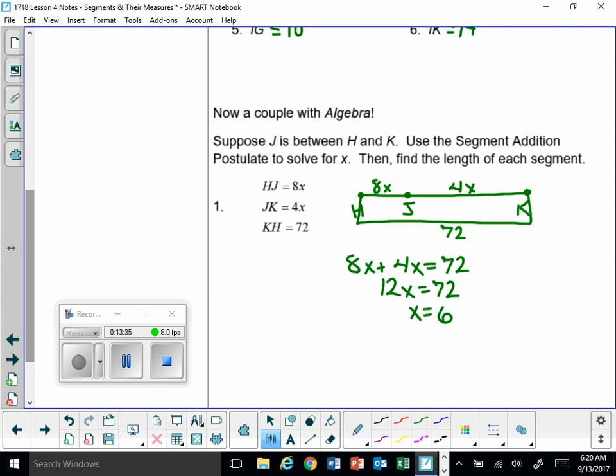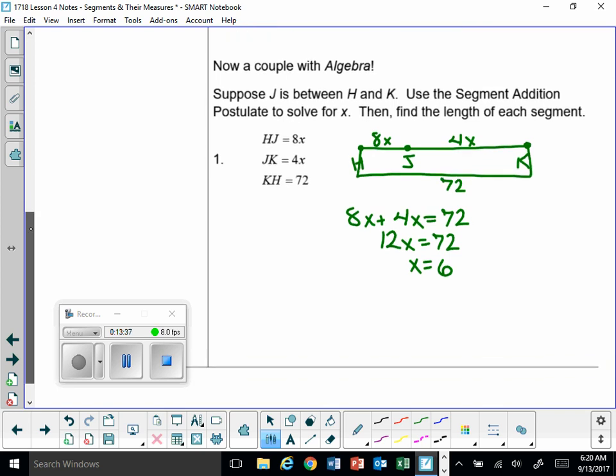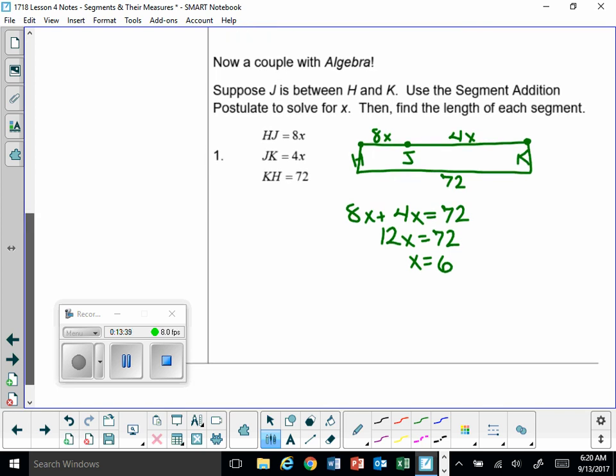X equals 6. Now to find the length of each segment, I'm just going to substitute my X value back into what I was given. So the length of HJ will be 8 times 6, 48. The length of JK would be 4 times 6, 24. And I already know the length of KH. There's no need to write that again.